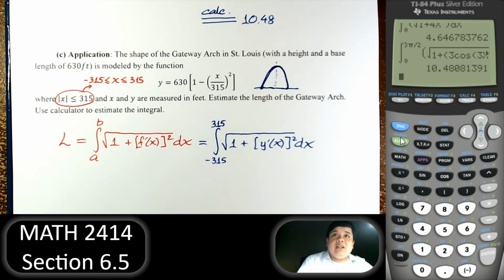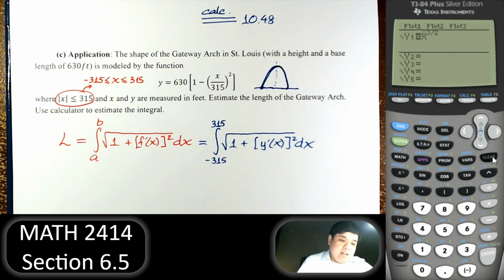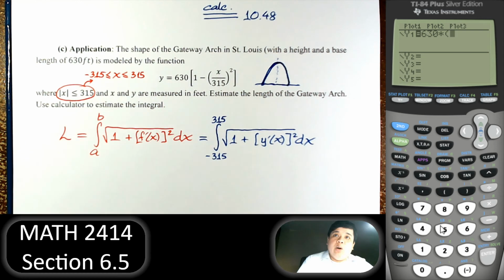What I do instead is I enter the function 630 times 1 minus, alpha, y equal to, give us a fraction of x divided by 315, square that, and close the bracket.